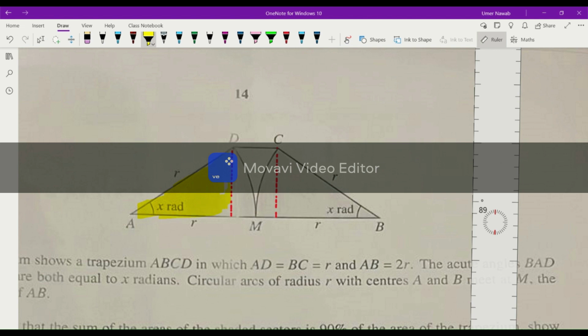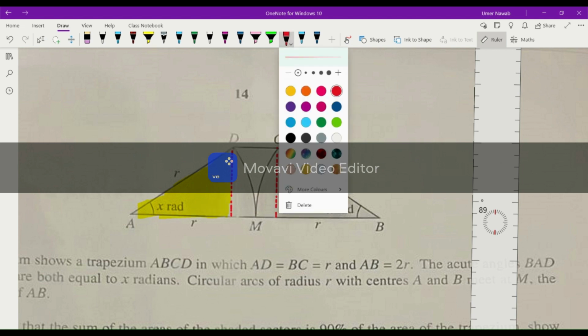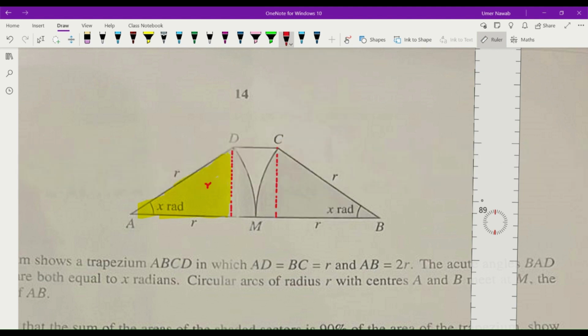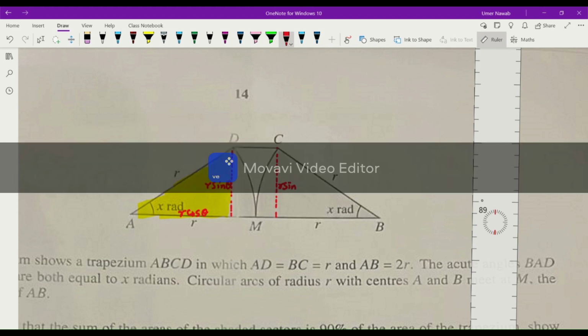In a right angled triangle, if we know the hypotenuse, we can easily find the opposite, which is R sine theta, and the adjacent should be R cosine theta. The same thing here, R sine theta in the other triangle, and the adjacent is R cosine theta.